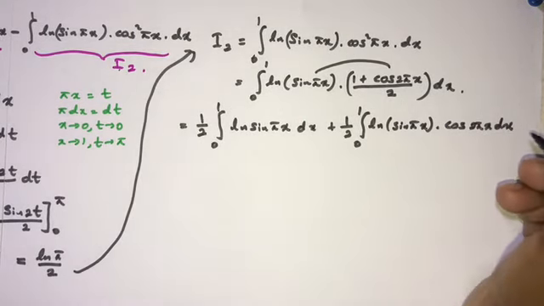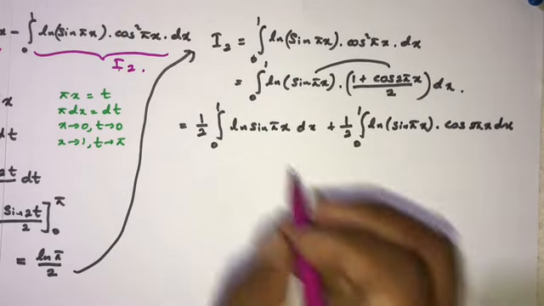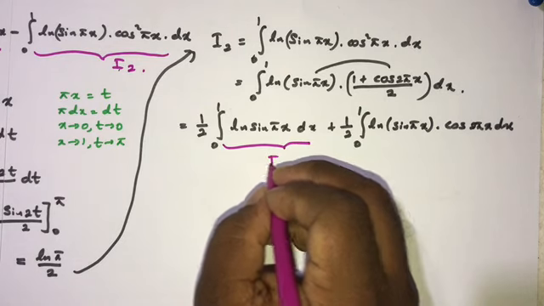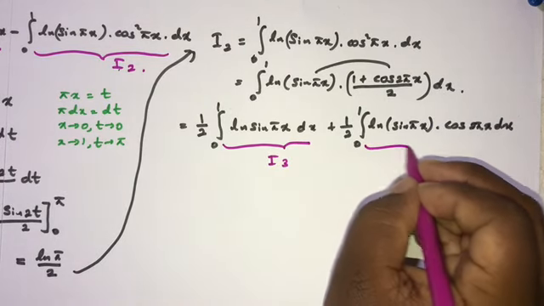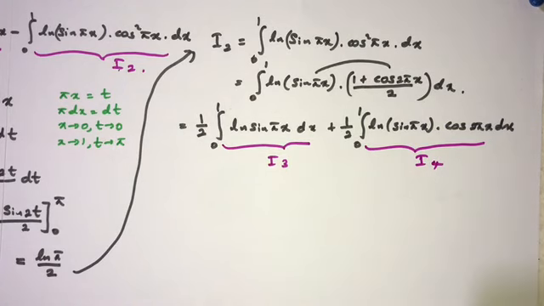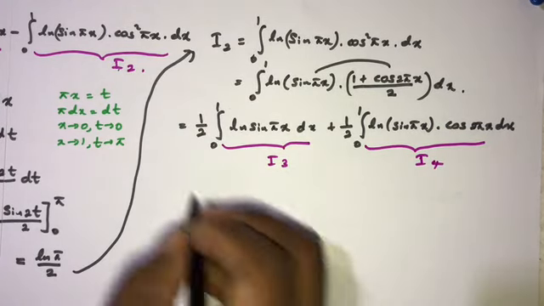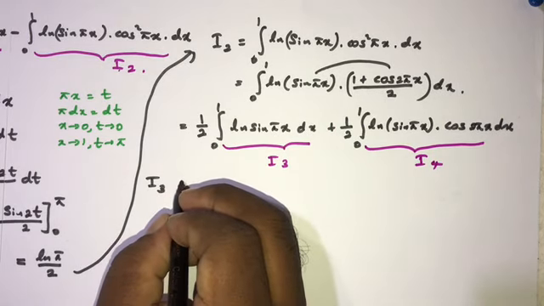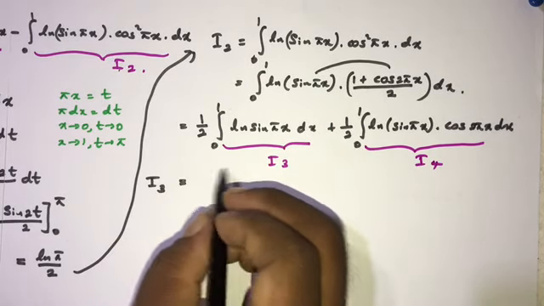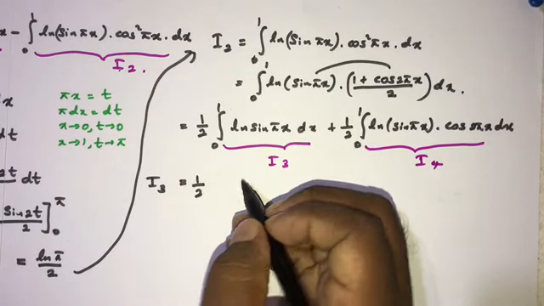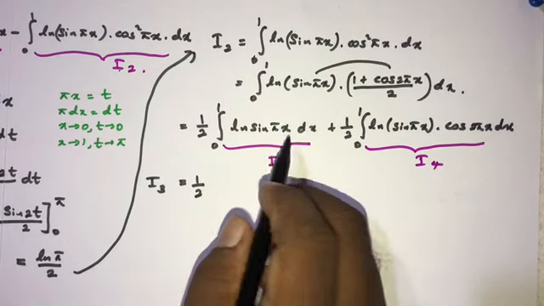Then this integral is equal to I3, and this integral is equal to I4. Now I am going to do I3. So I3 is equal to 1 over 2, and we can use the substitution method.